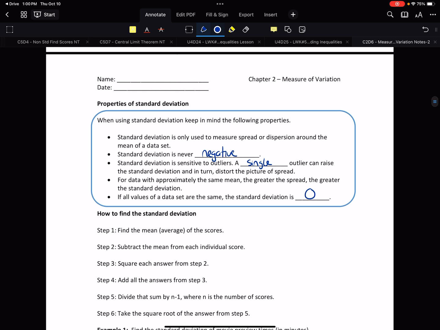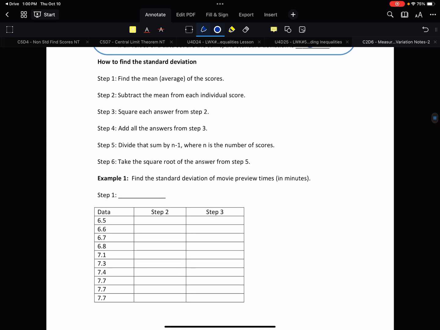Now we could take some time and go through the whole process of figuring out the standard deviation for this data, but we don't have to do that. What we can do here is just use our calculator. So in this situation, this is our L1. We plug all this data in. And when we plug this data in, under the one variable stat, we're looking for standard deviation.